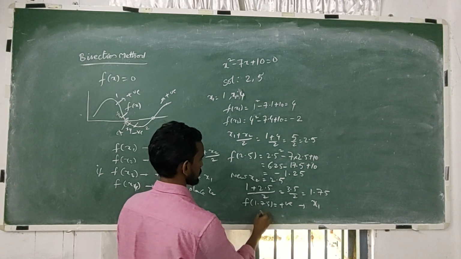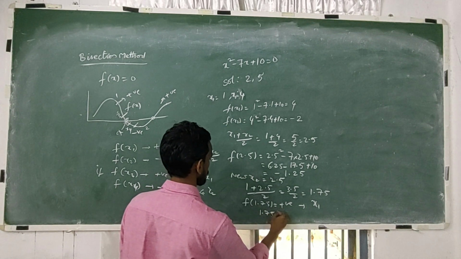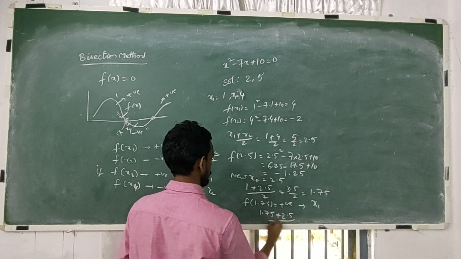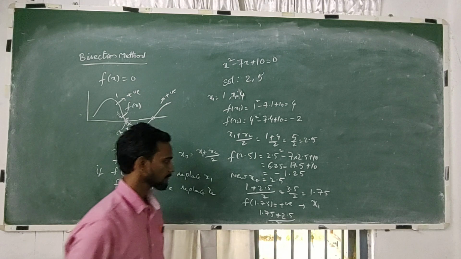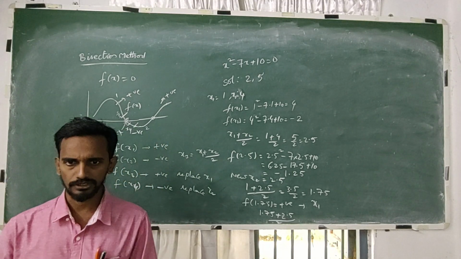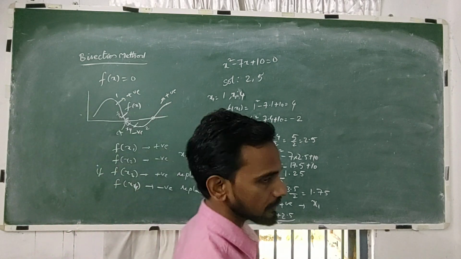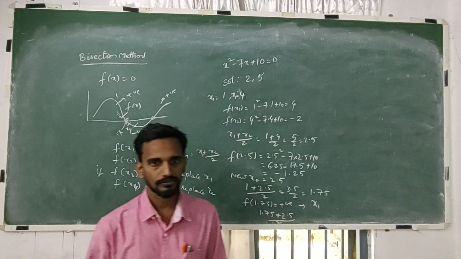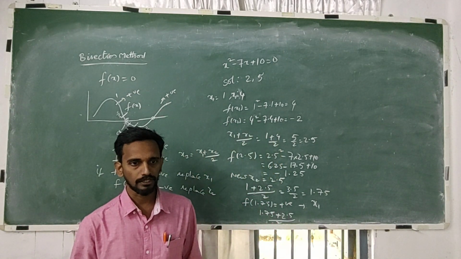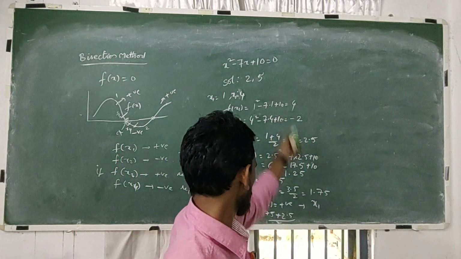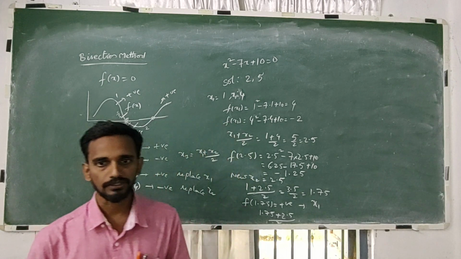Now the new interval is 1.75 plus 2.5 by 2. The process continues till you reach the required accuracy. So 1 decimal accuracy or 2 decimal accuracy, whatever level of accuracy you want, you need to continue till that level.